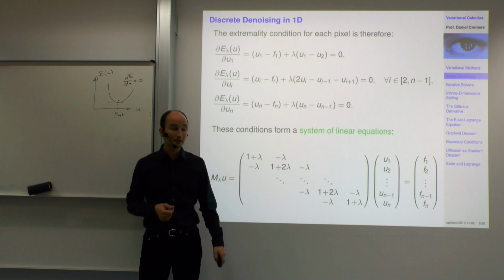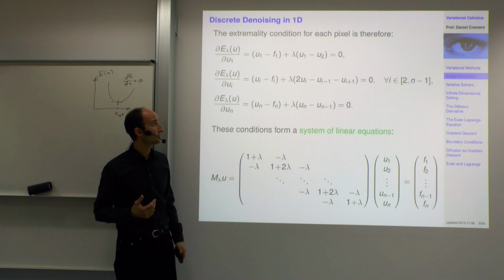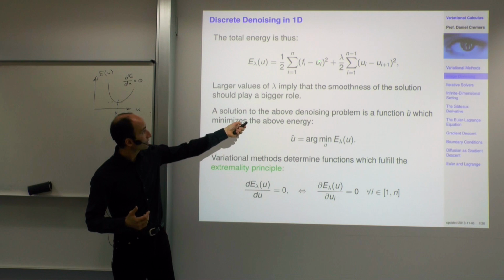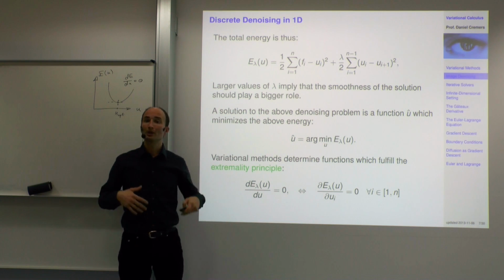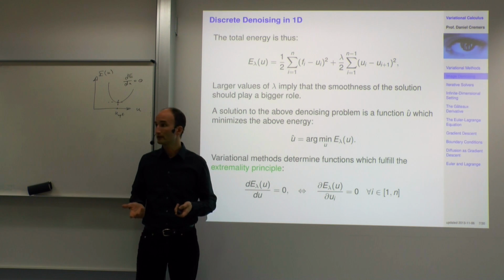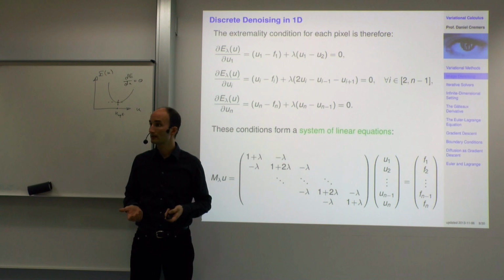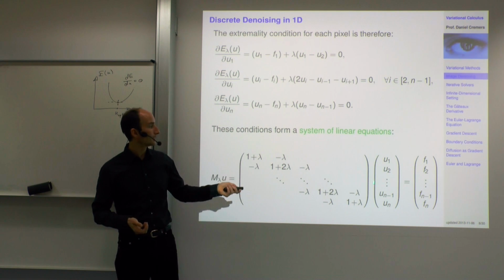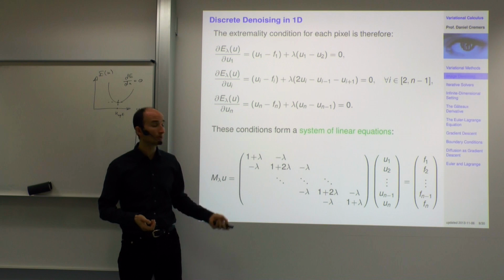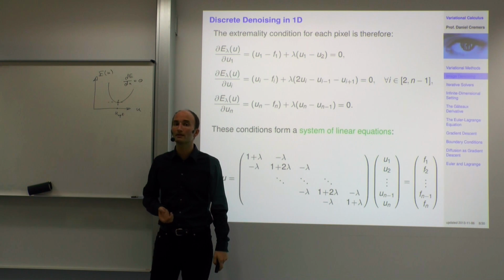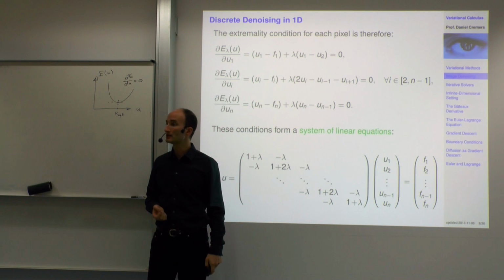That's all. This is one of the advantages of taking a quadratic cost function: when we do the derivative we get a linear equation system. All you need to do is solve that linear equation system, and that gives you the denoised solution.